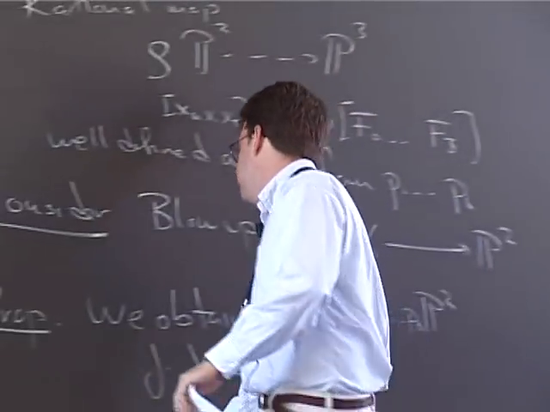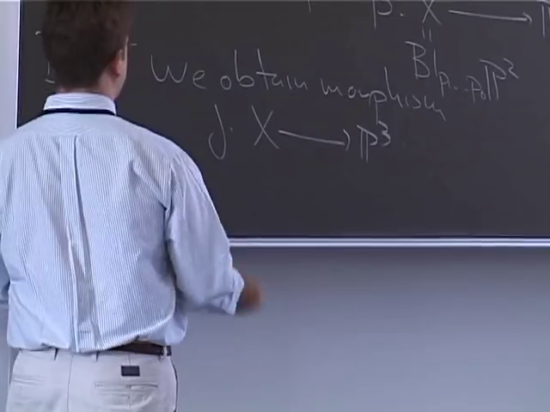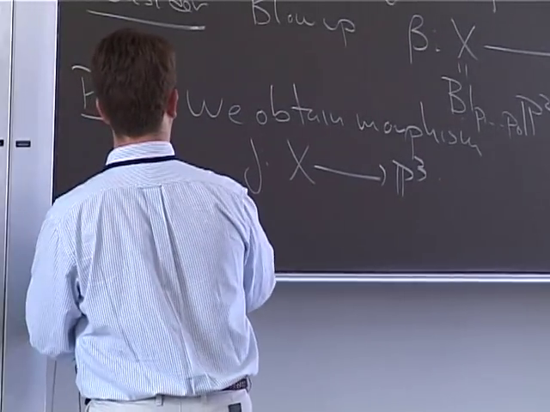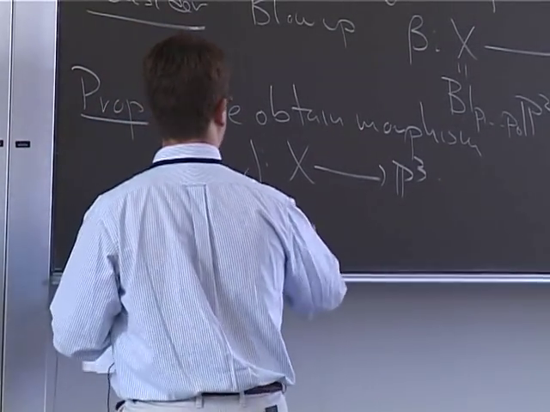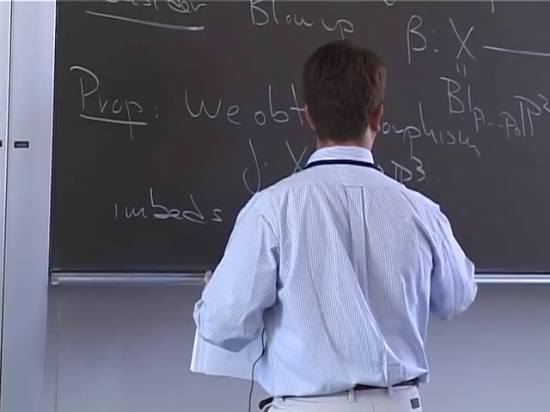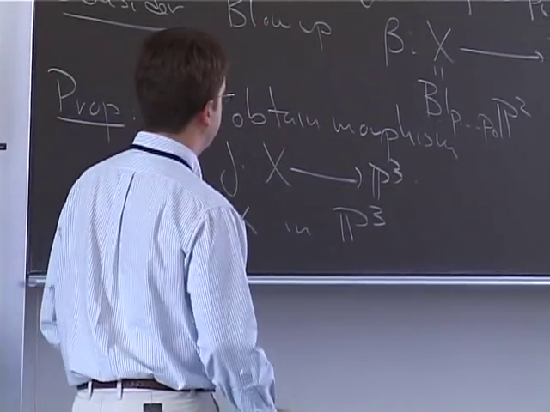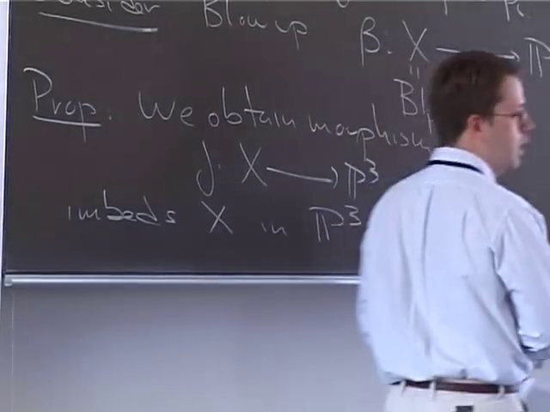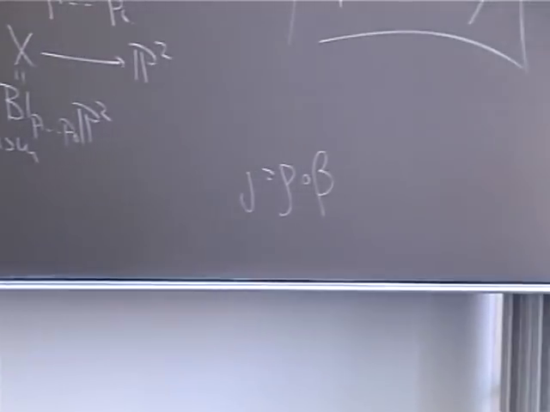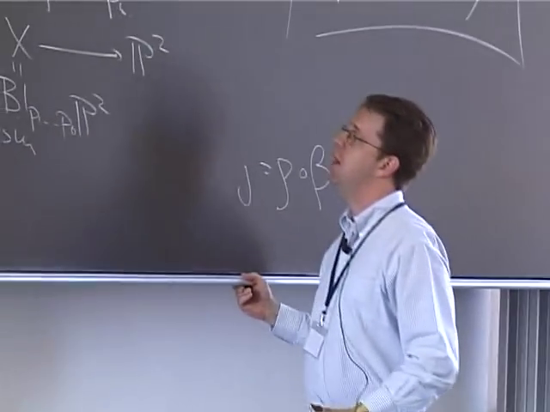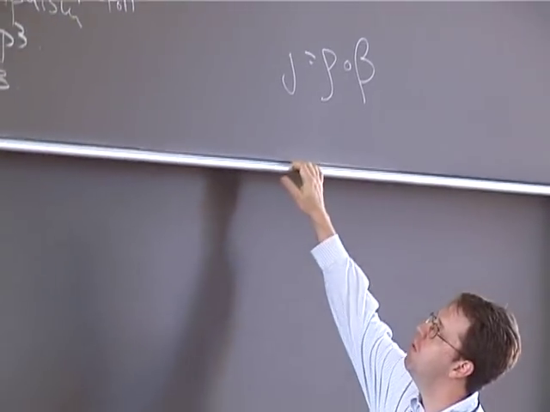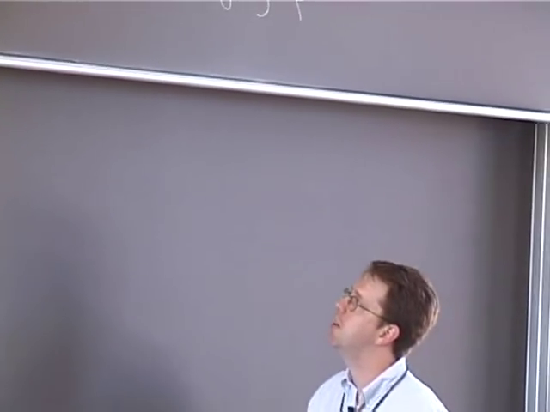And this morphism is an embedding of X in P3. So when you have a linear series and you have base points, when you blow up the base locus, you get a morphism from the blown up variety into projective space.